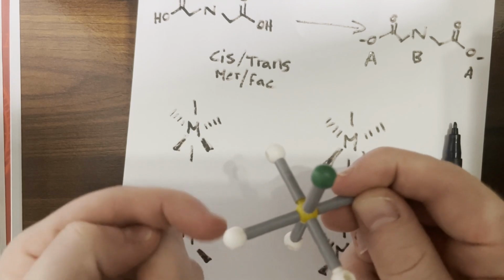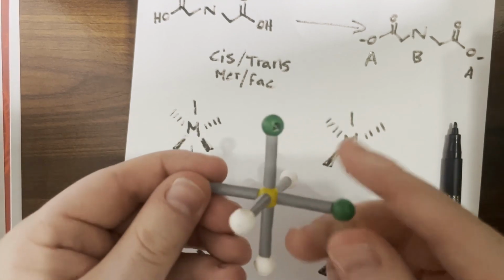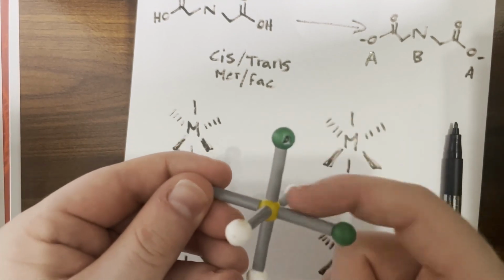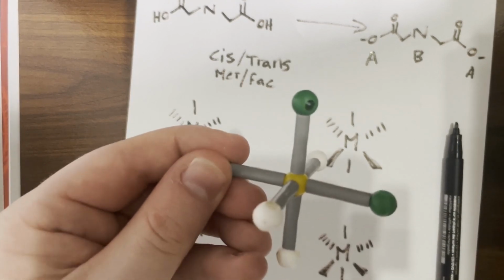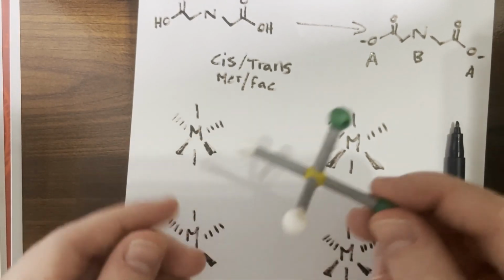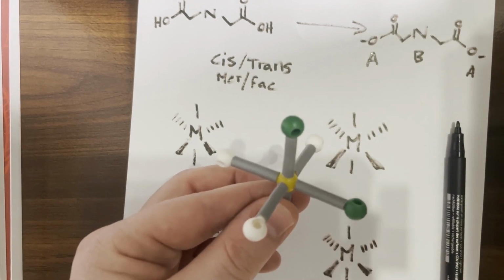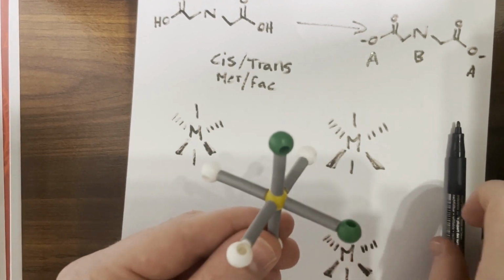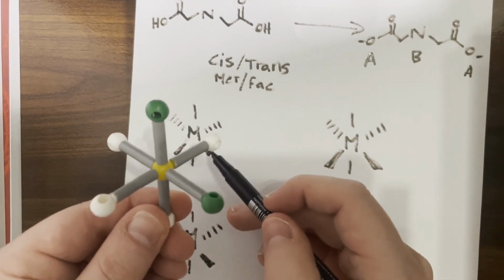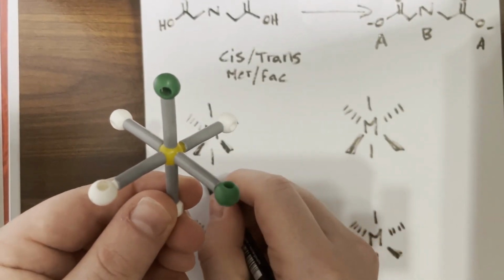You see all the bond angles between the oxygens are 90 degrees, and all the bond angles between the nitrogens are also 90 degrees. So how does this look in 3D? Let's put it something like this, and make it this one. This one is called cis now.